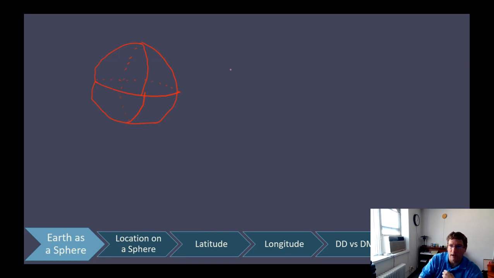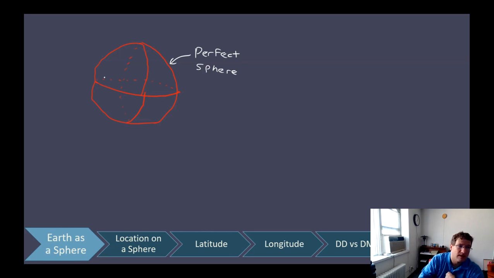We usually depict Earth as a perfect sphere. Well, what does it mean when we say that it's a perfect sphere?